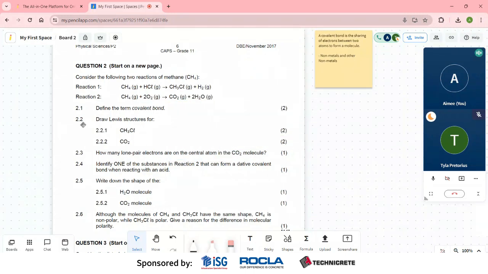Now 2.2 says draw the Lewis structure for CH3Cl and CO2. Remember the Lewis structure aims to depict all of the valence electrons between the atoms that have bonded with one another.